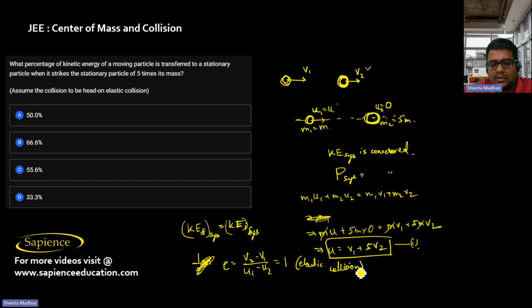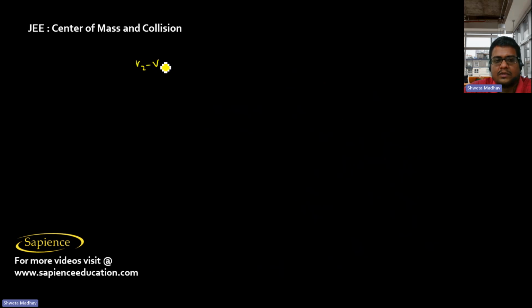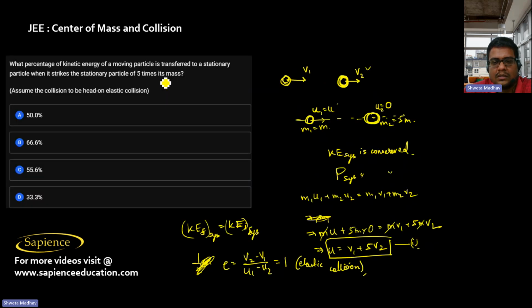So therefore (V2 minus V1) by (U minus 0) is equal to 1. Therefore V2 minus V1 is equal to U. So V2 will be equal to U plus V1.